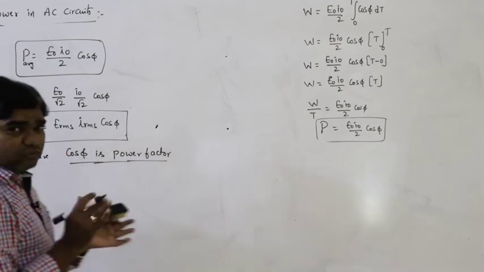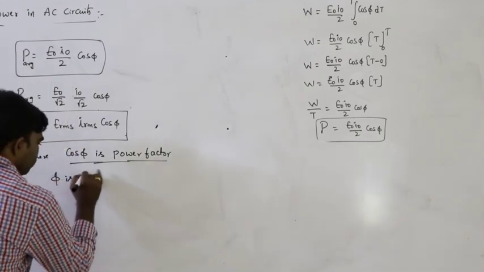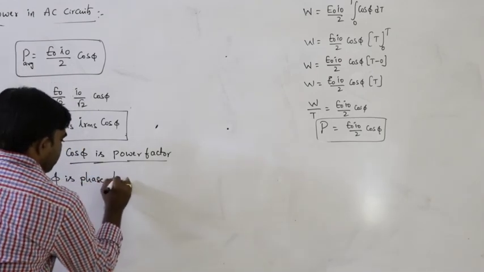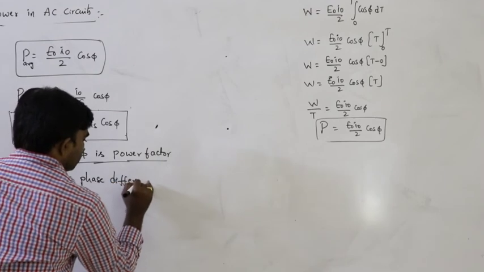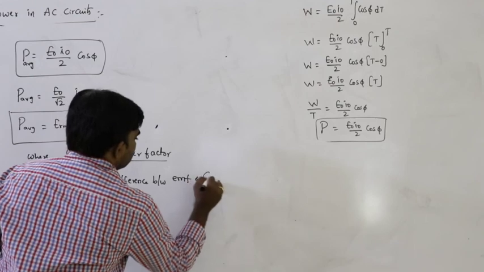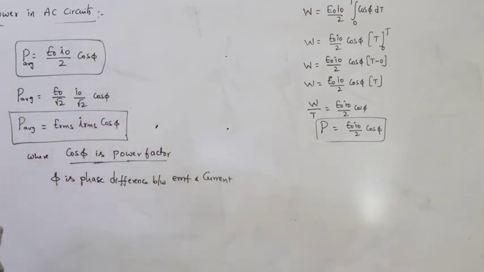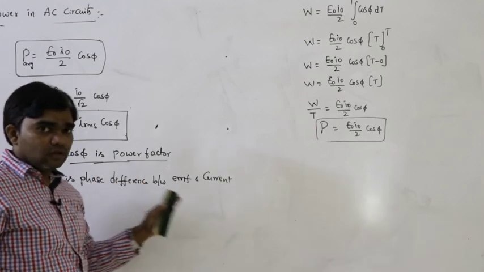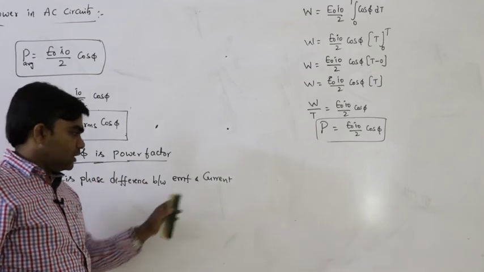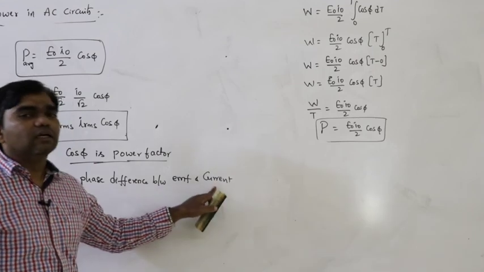What is phi? Here phi is the phase difference between EMF and current. See here, in the previous situation, one is sin omega t plus phi, one is sin omega t. So that's why phi is the phase difference between EMF and current.